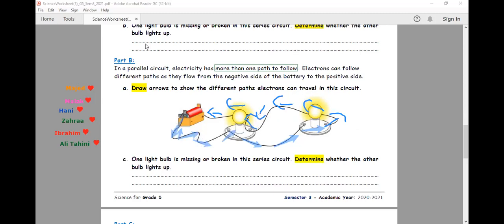They will pass from the negative side and back to the positive side. This way, bravo. Majid did this pathway, Mahdi. You should do the second one.